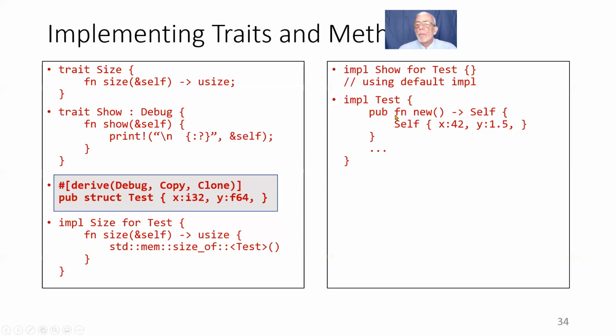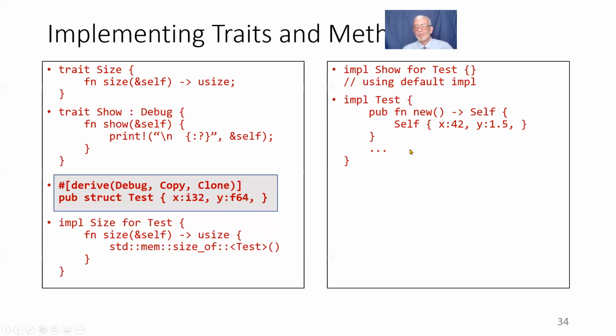And so here's a public fn new, and I just picked some silly values, x is 42, y equals 1.5, and so anytime I call new, it's going to have these values. It might have been more sensible to give this 0 and 0.0, maybe, you could argue, but this is just a demo, so I'm allowed to do silly things in a demo.